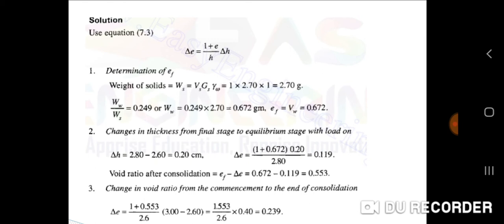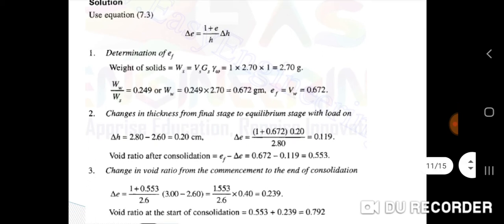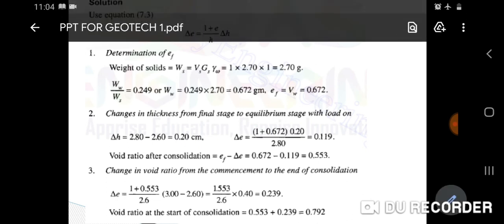We just calculated that. Now our second step is to calculate the change in thickness, which is delta H. Initially the height was 2.8, and once the load was applied, the thickness reduced to 2.60. So you can calculate the height difference, which is 0.2 centimeter.